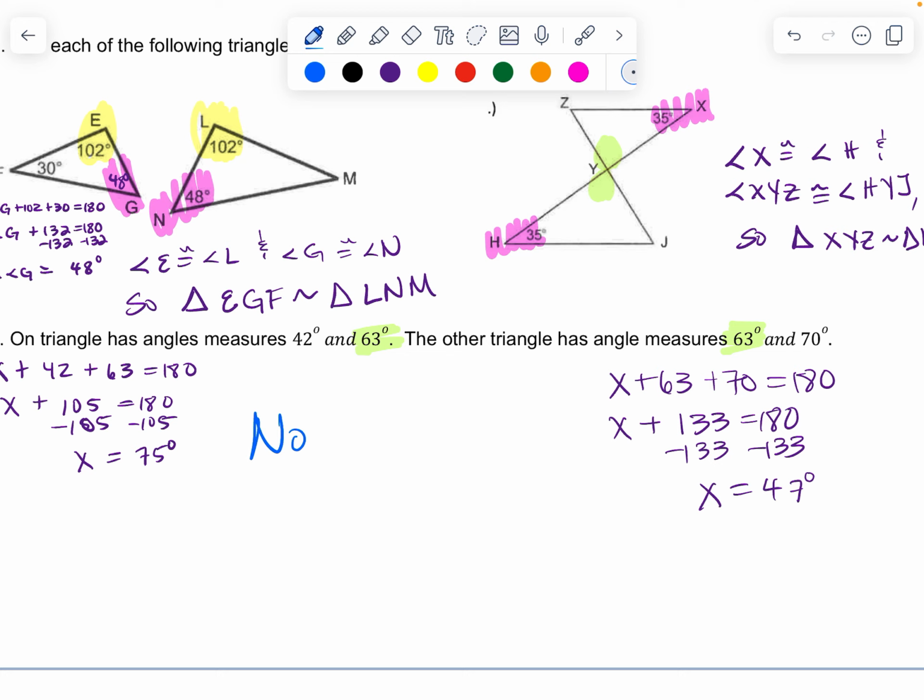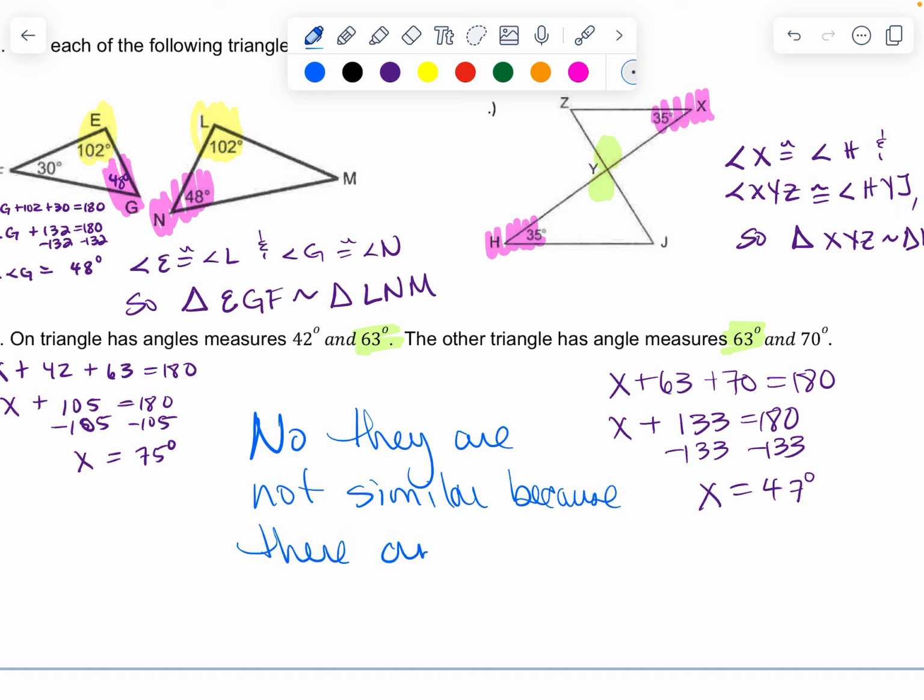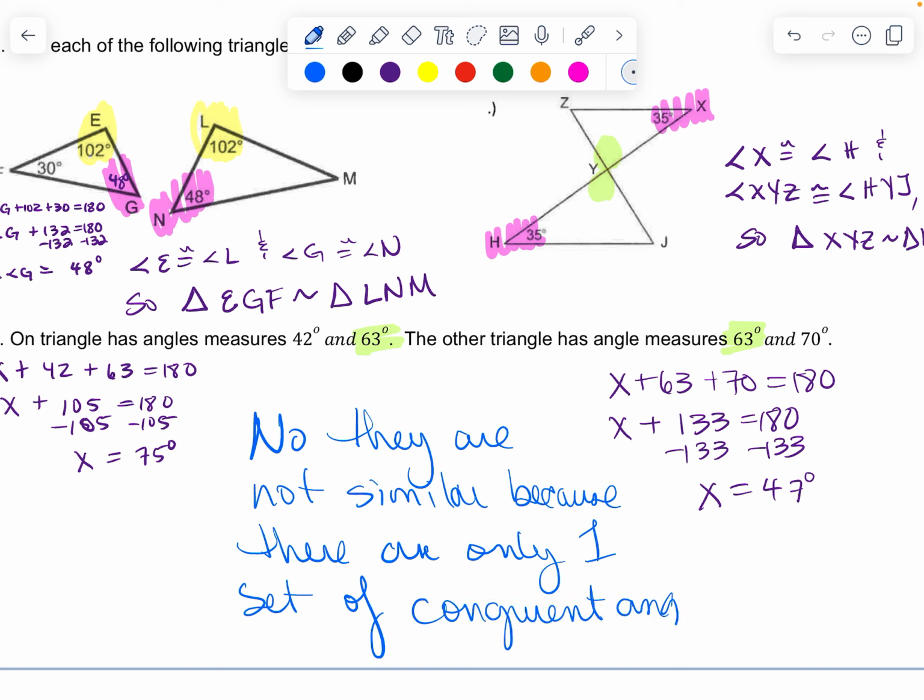So no, they are not similar because there is only one set of congruent angles, not two.